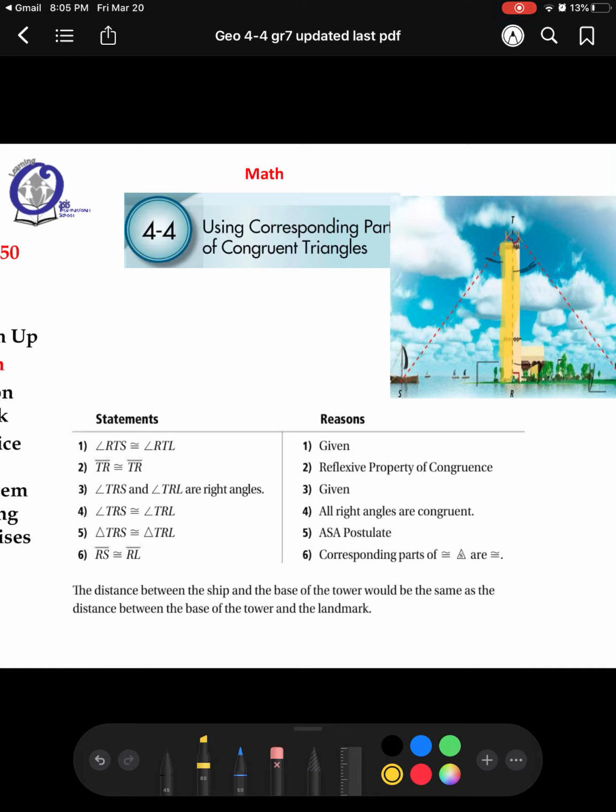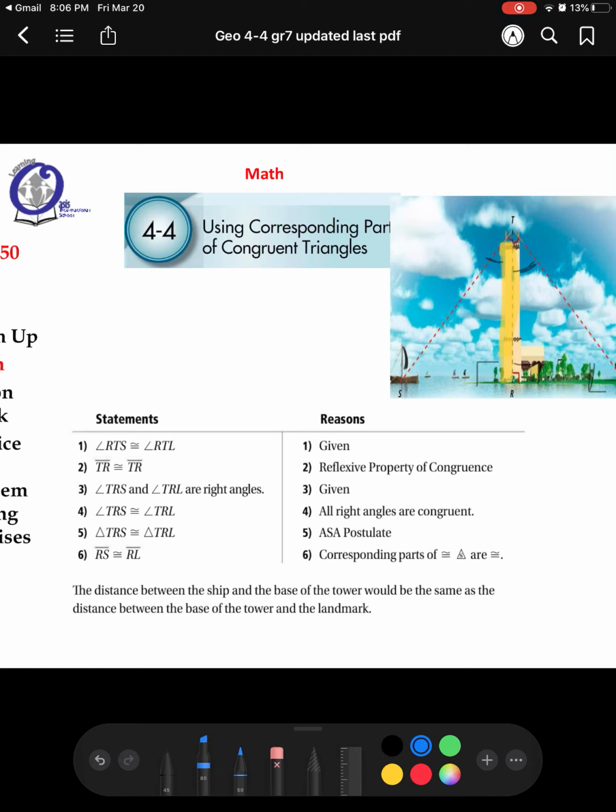Yes, I will say that the pair of triangles are congruent, which are triangle TRS, the first triangle, is congruent to triangle TRL using the ASA postulate. What is the result? That every single corresponding side in the first triangle to the side in the second triangle is congruent.